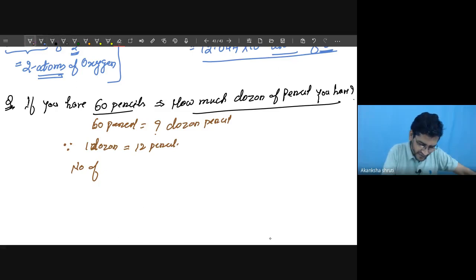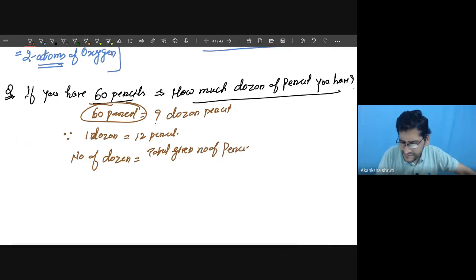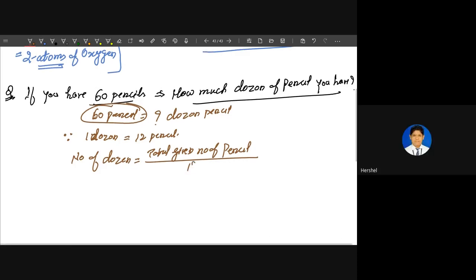So the number of dozen is obtained by considering the total given amount, 60 pencils, the total given number of pencils, and that has to be divided by 12, which is 1 dozen.